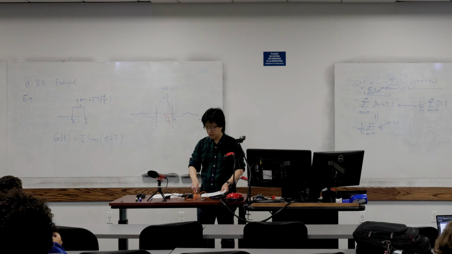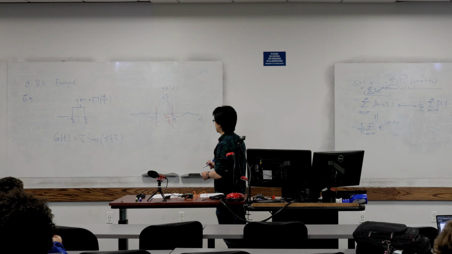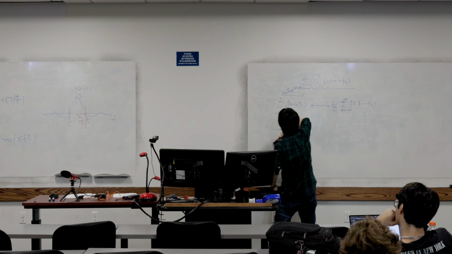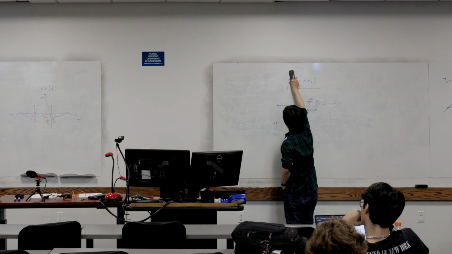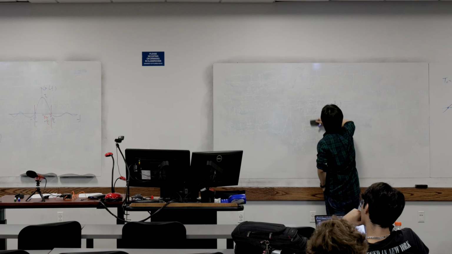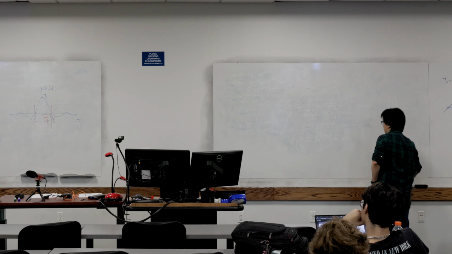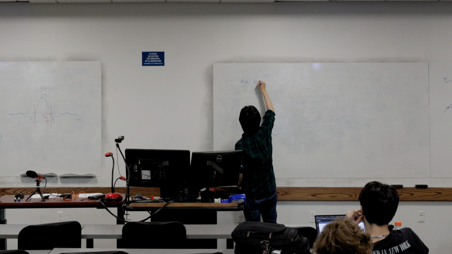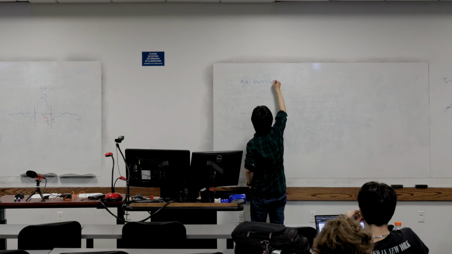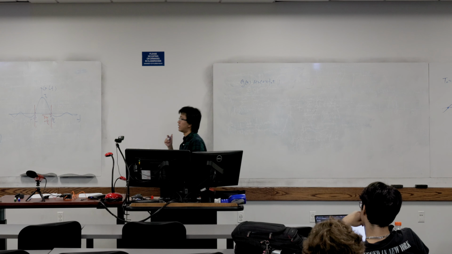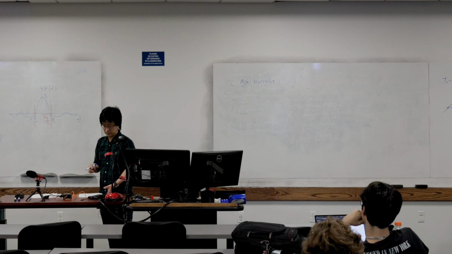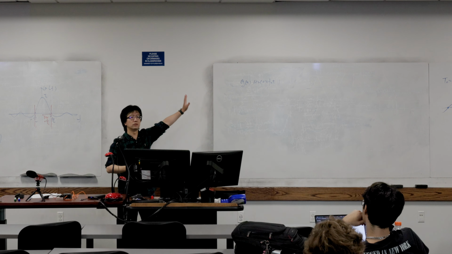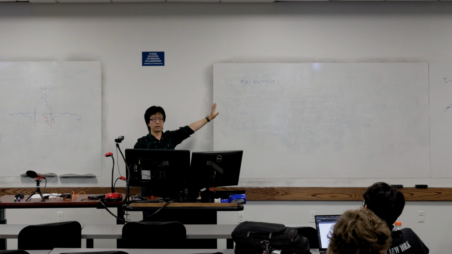Okay, so now let's manipulate it a little bit, using what we have learned so far. What we're going to do is, let's multiply g of t by cosine 2 pi f naught t. Okay, how about that? What we care about is what this signal looks like in the frequency domain.